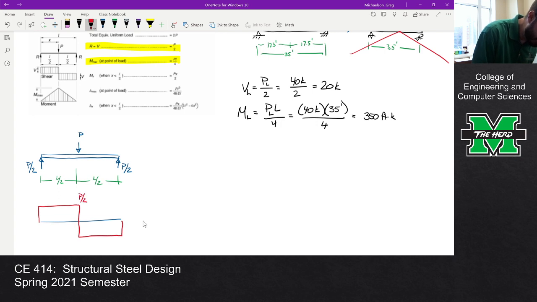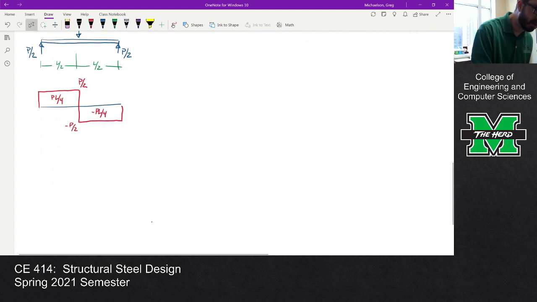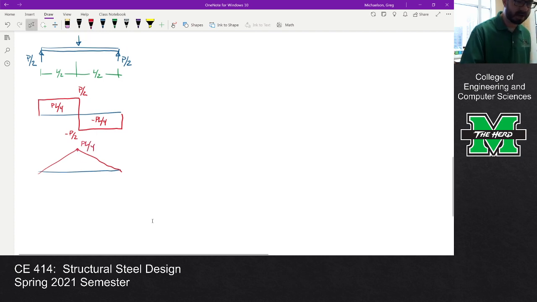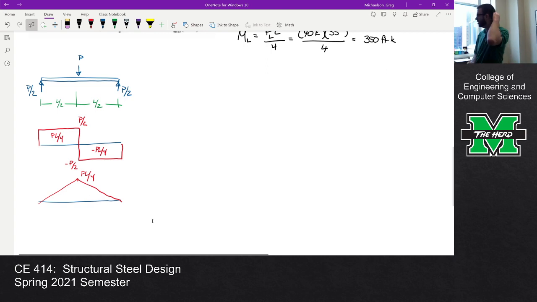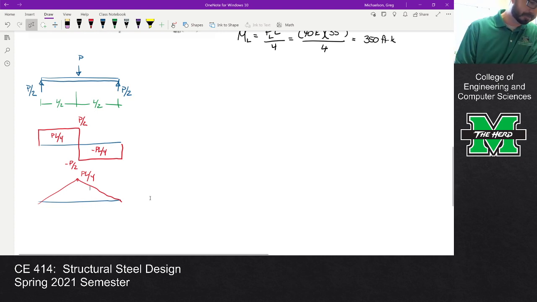So that's P over 2 minus P over 2. What's that area? P over 2 times L over 2, PL over 4 minus PL over 4. Constant shear means linear moment, PL over 4. So I don't want you to think these are magic formulas. It's just everything we did in structural analysis done in symbol format and then reported to us for each case. Does that make sense?